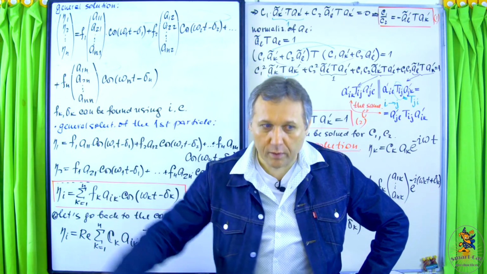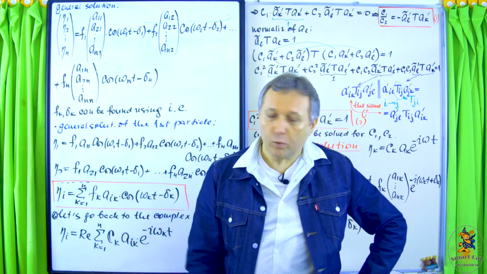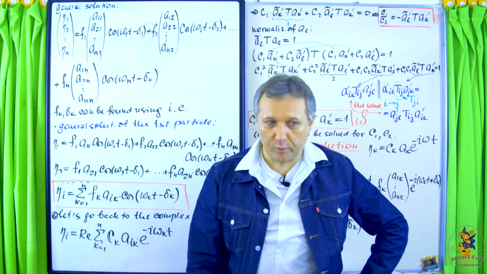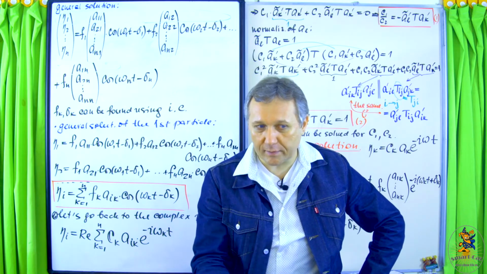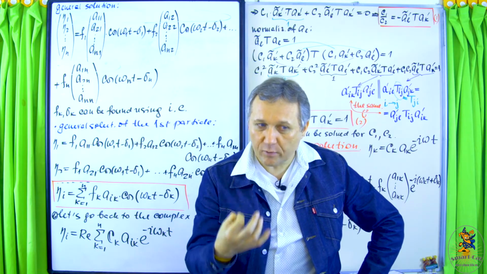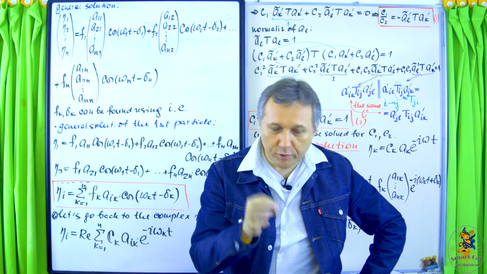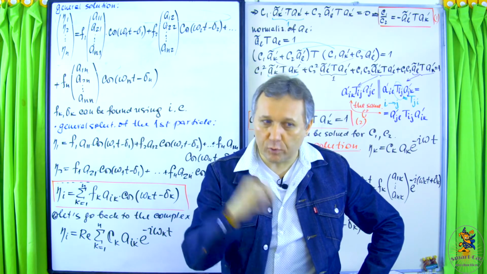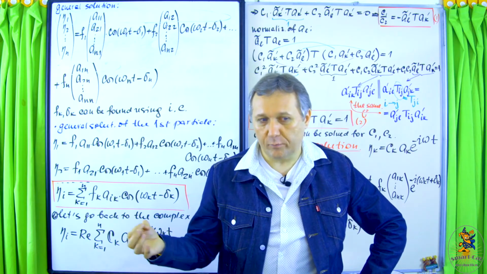You go to another set of coordinates, so of course all the matrices will be transformed. So since we demonstrated that it's possible to diagonalize those matrices, it means that there is a certain set of coordinates where the matrices of those quantities have a diagonal form.